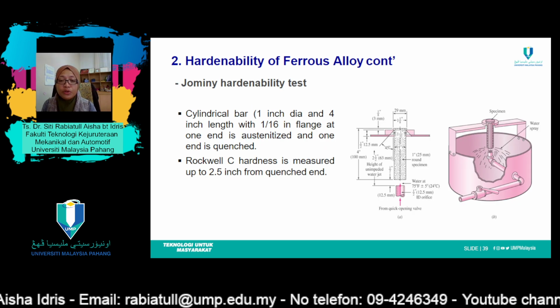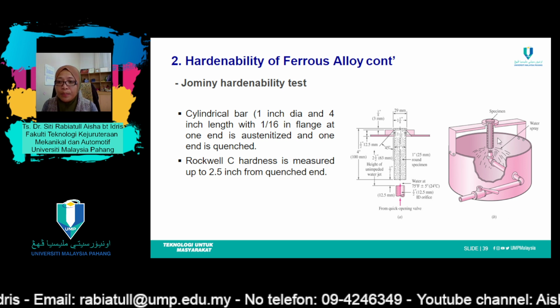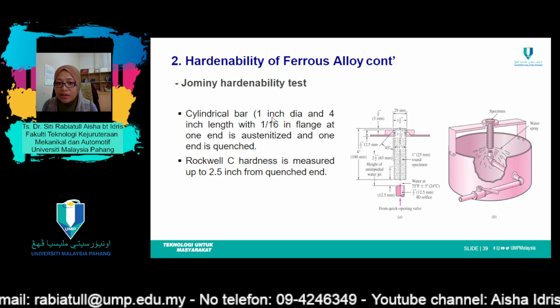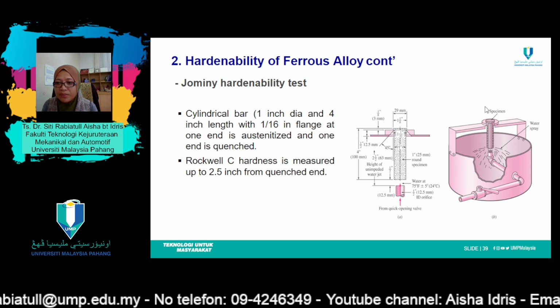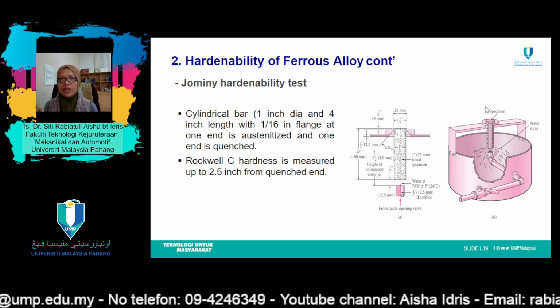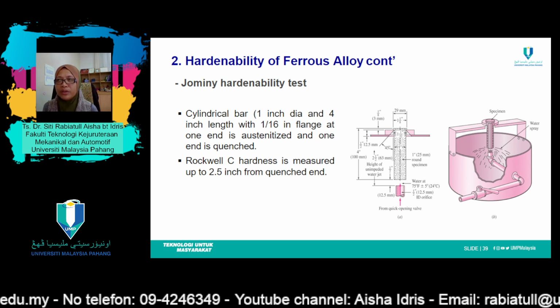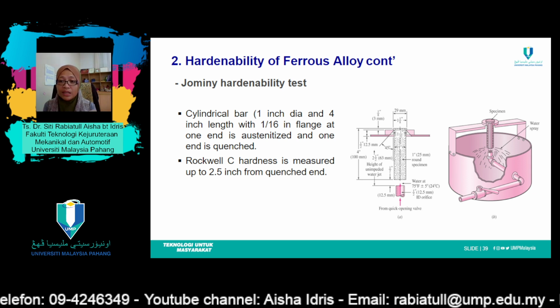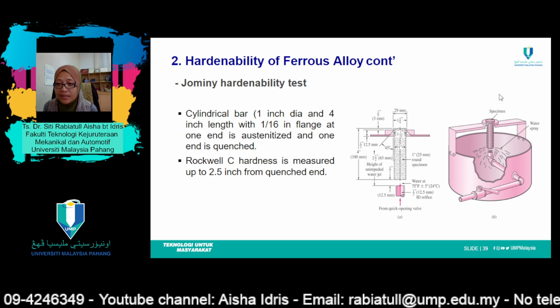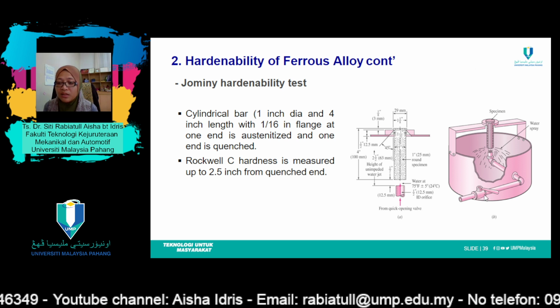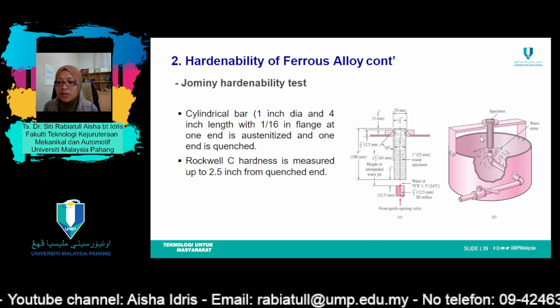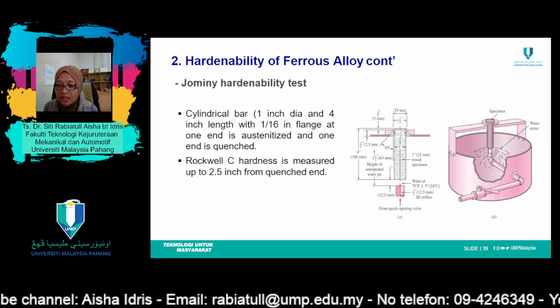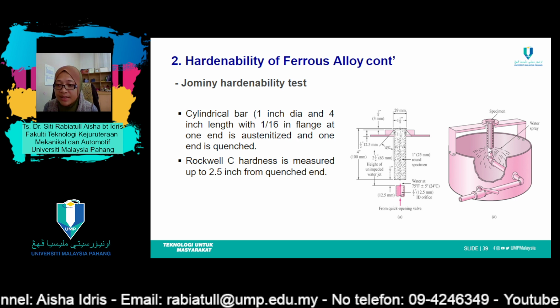This is how you conduct a Jominy test. You heat the specimen in a furnace, then take it out as quickly as possible and place it over here and start to spray water onto the specimen starting from this end.